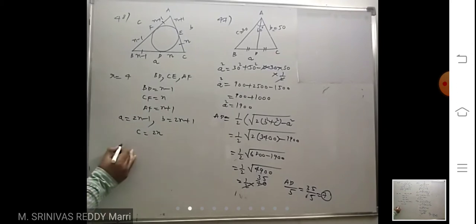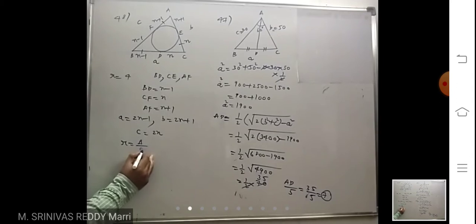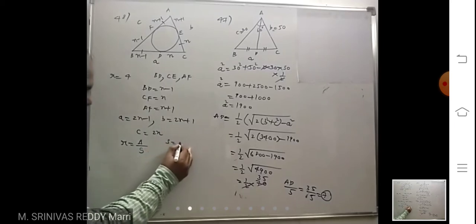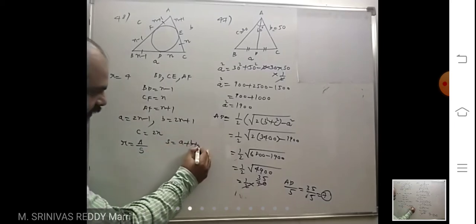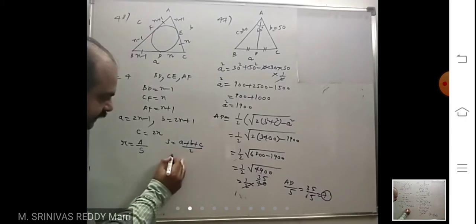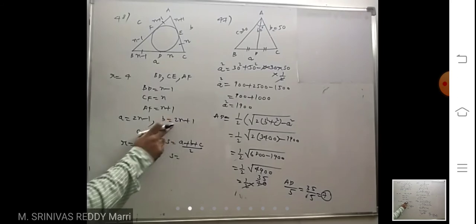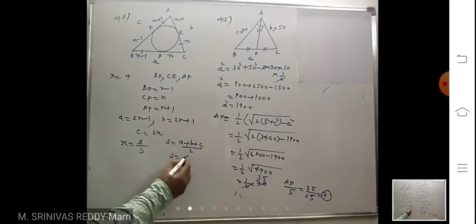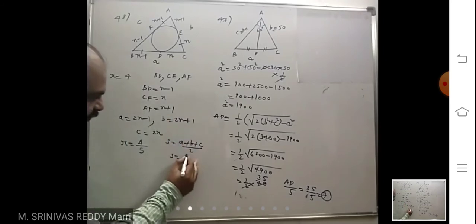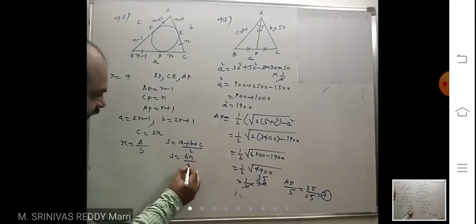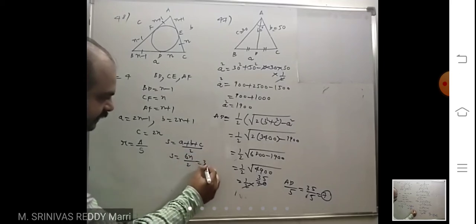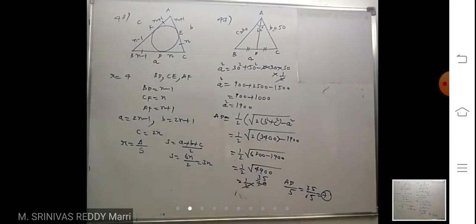What is the formula for r? r is delta by S. Therefore we will calculate S. S is A plus B plus C by 2. Add these three: 6n, as the 1 will get cancelled, divided by 2. That means 3n. So S is 3n.